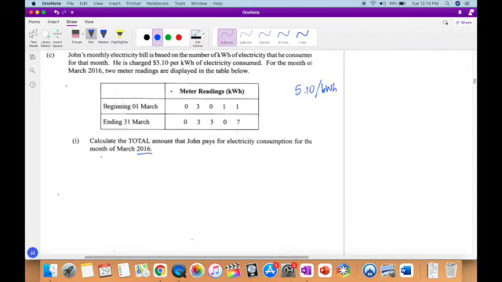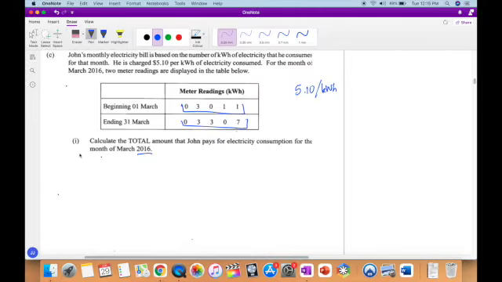One thing I don't like about this question is how they spaced this. It gives you the idea that these might be different numbers, but no, they're not. It's actually just one number. So at the beginning of March, the reading was 3,011 kilowatt hours, and at the end of March 3,307.